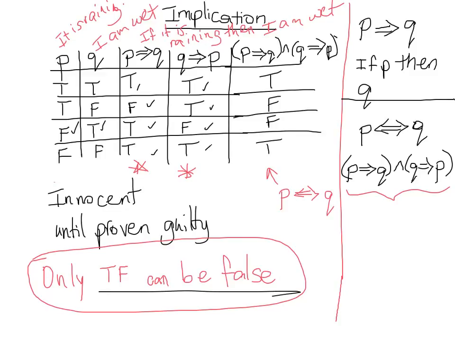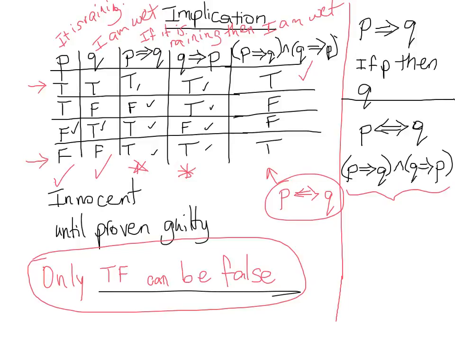Let's look at the trend. How can this be true? If we looked at the very first two columns, the columns with P as well as Q, how can it be true? If you notice here, when they were both true, the implication both ways was true.